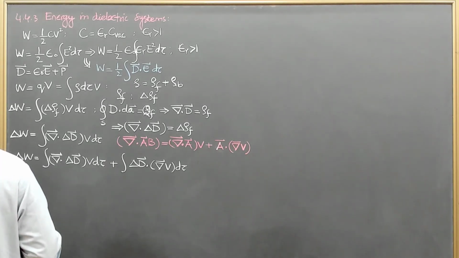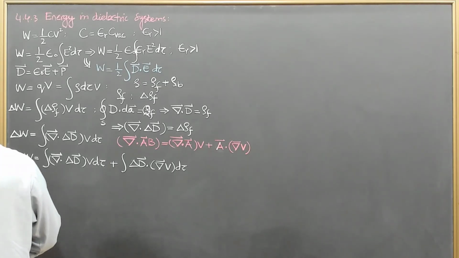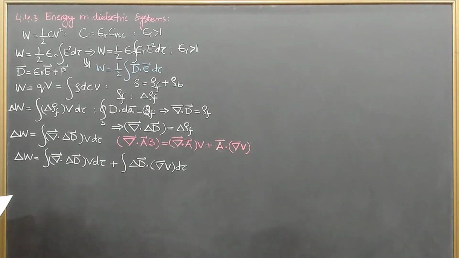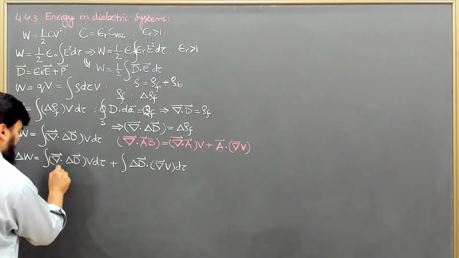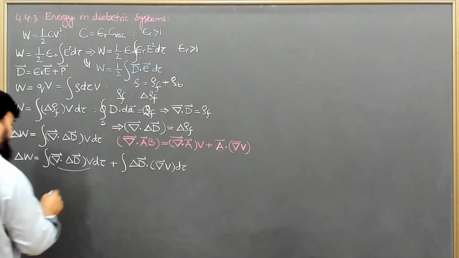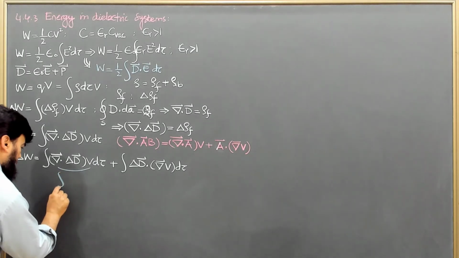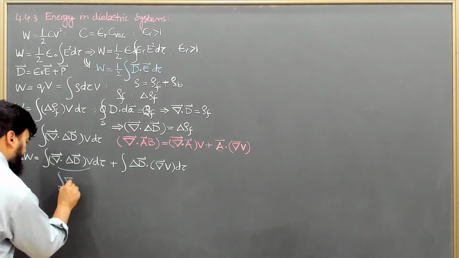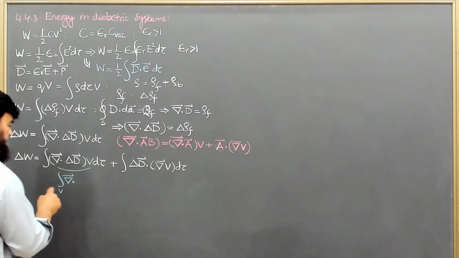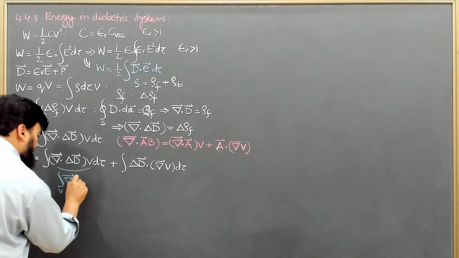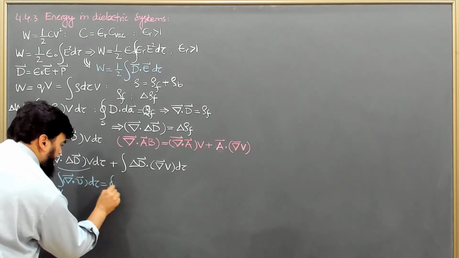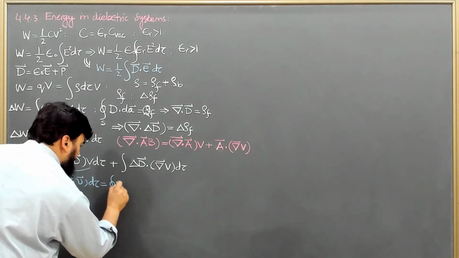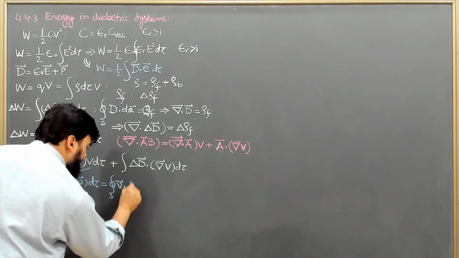Now if I convert this to a surface form with the help of the divergence theorem, I know that the volume integral of the divergence of any vector quantity, in d tau, is the same as the closed surface integral of that vector dot dA.